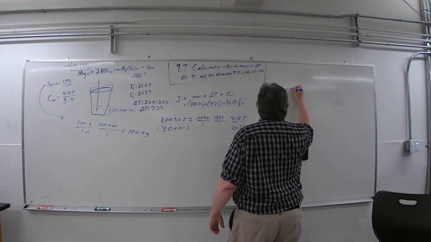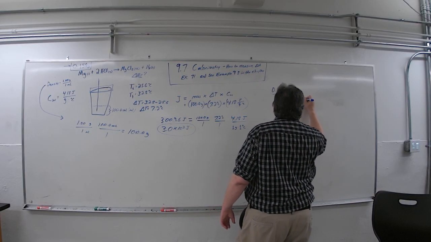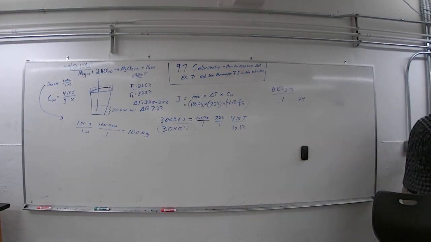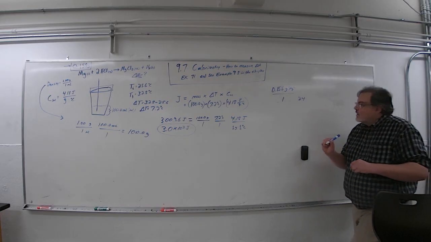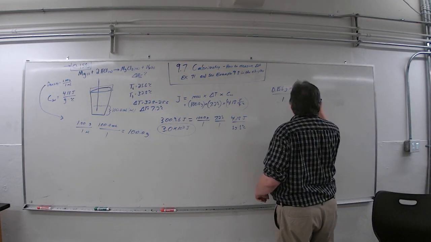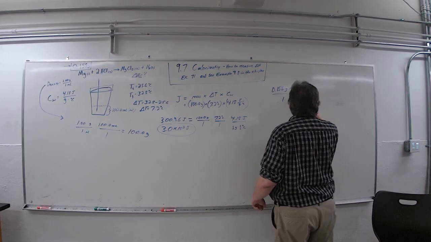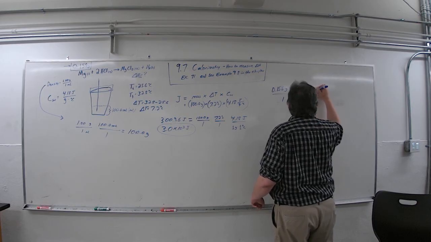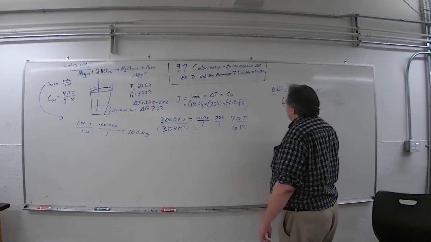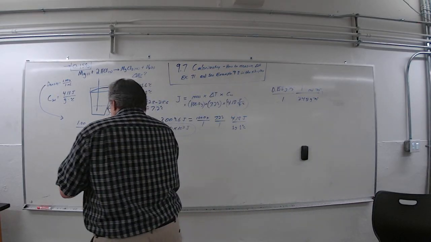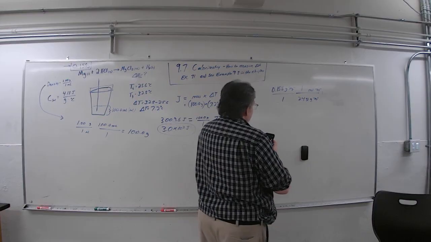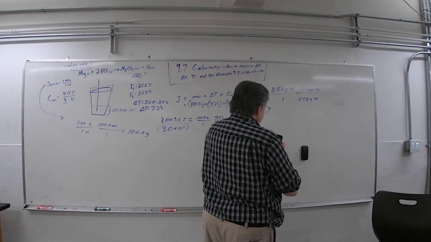Grams of Mg, 24 point something grams per mole of Mg, and what we get for moles is 0.158 divided by 24.